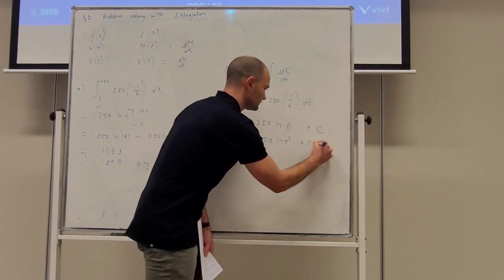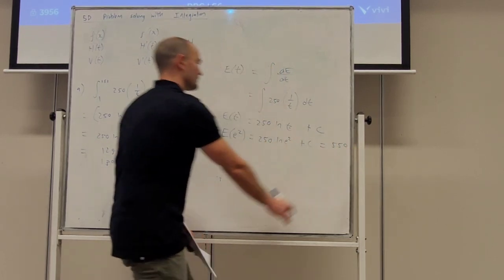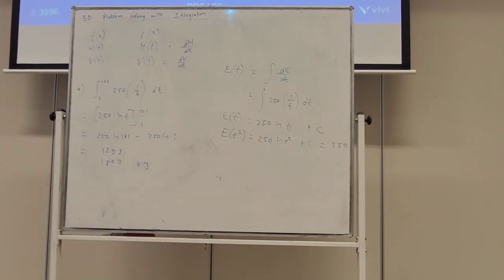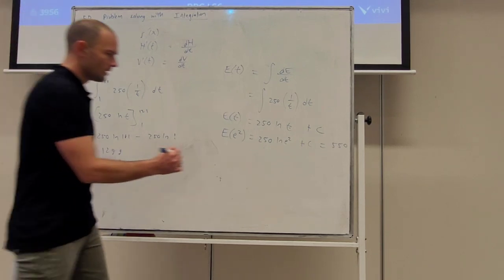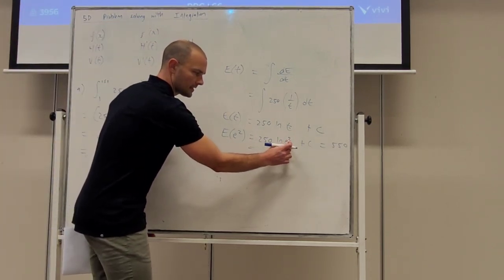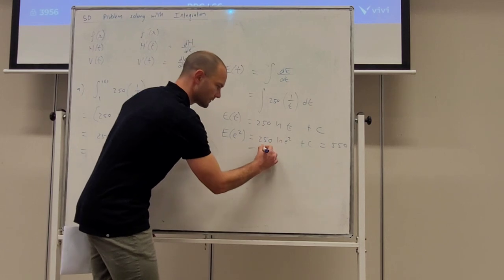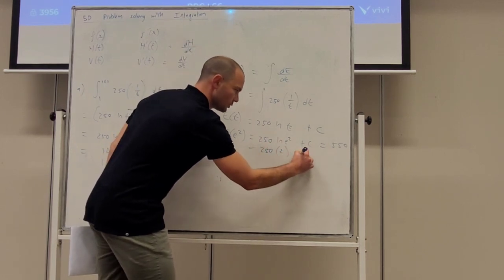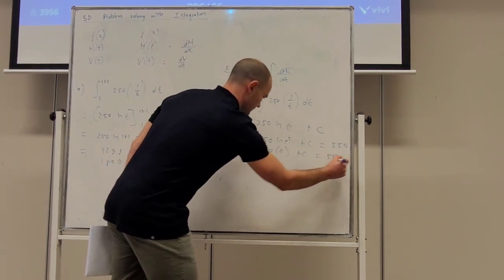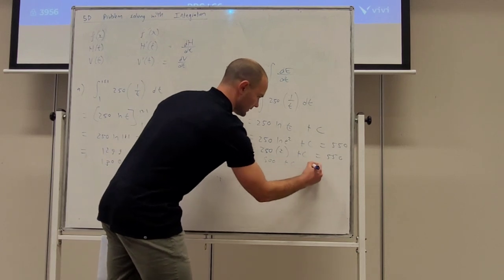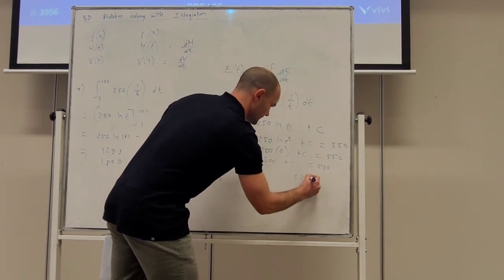So let's do that. All I've done is put e squared where the t value is. We're substituting e squared for t. So ln of e squared is just 2. So we have 250 multiplied by 2. And so we can solve for c. c is 50.